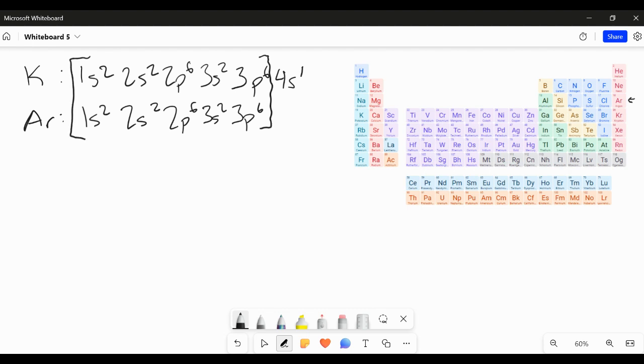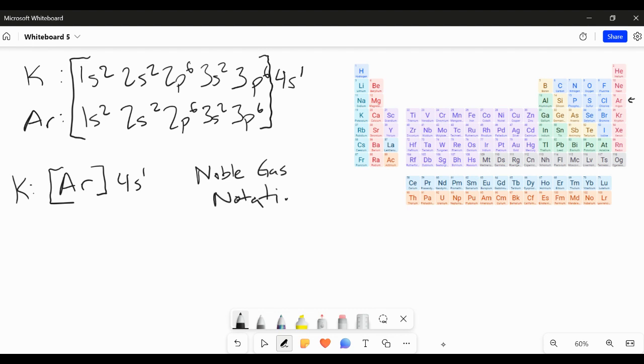So what scientists decided to do is instead substitute in the atomic symbol for argon in brackets, in this squared type of parentheses, and then add on whatever is left for potassium, and this becomes potassium's noble gas notation. And we can do this for any element on the periodic table.